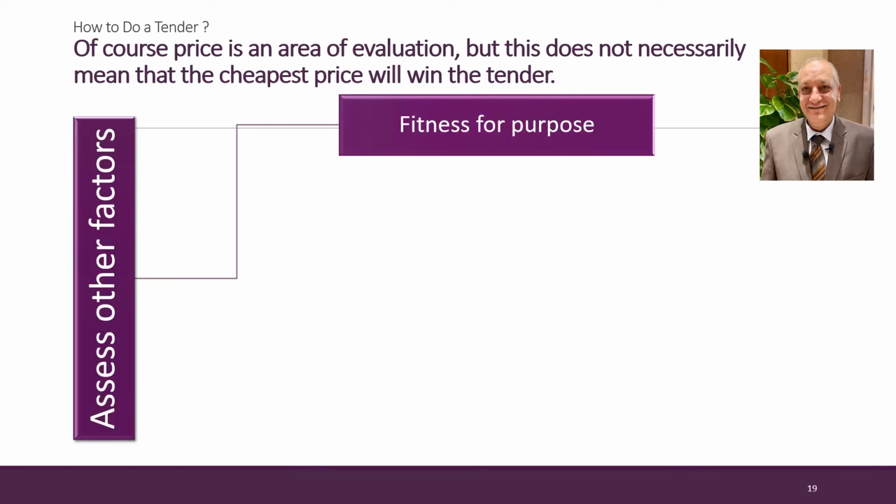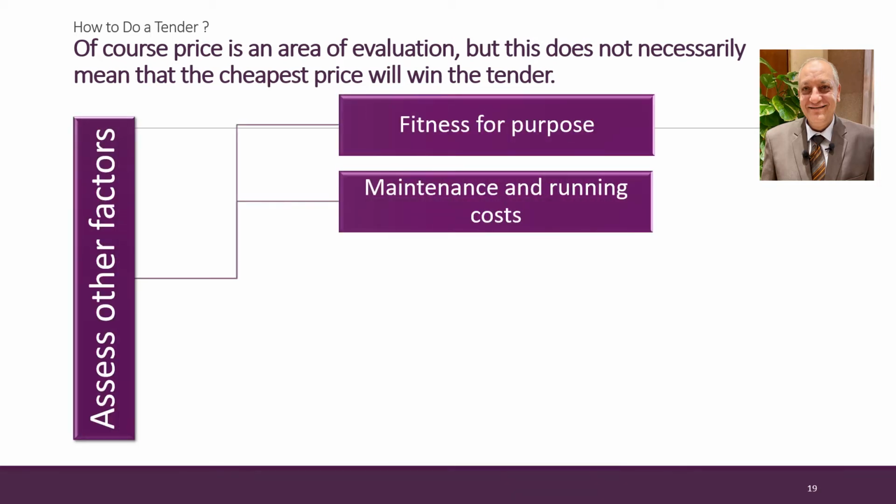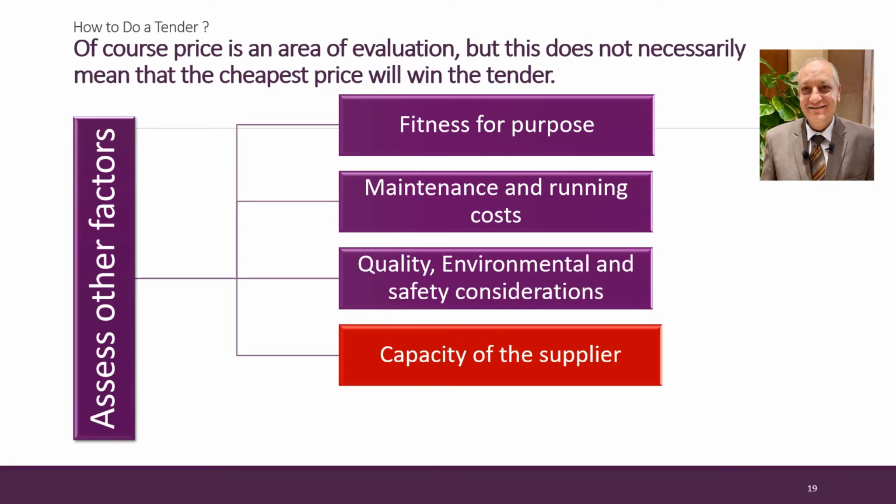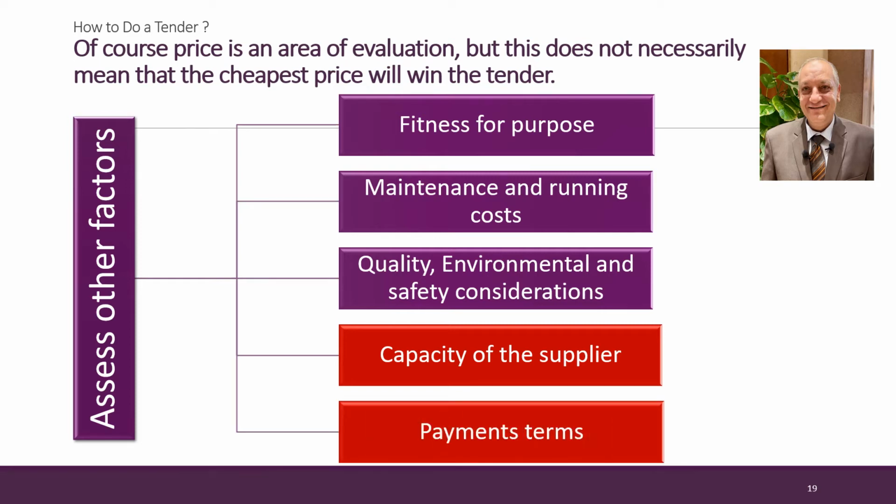So we have to look at the fitness of purpose, maintenance and running cost, quality, environment and safety considerations, capacity of the supplier, and the stability of the drug as well, which is not in many drugs. You cannot find a stable product and effectiveness all the time, and the payment terms.